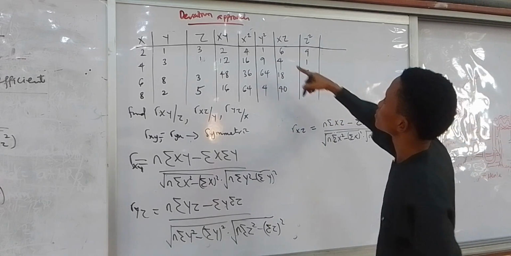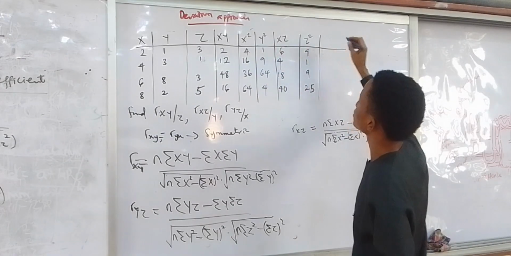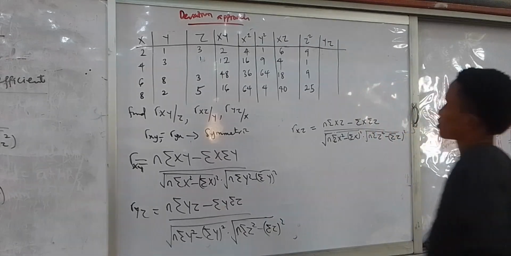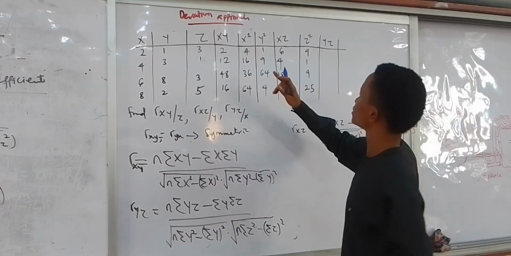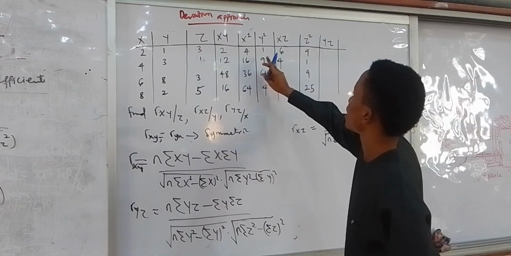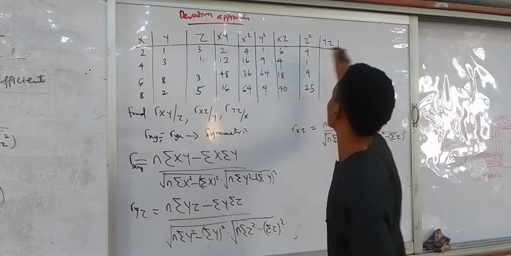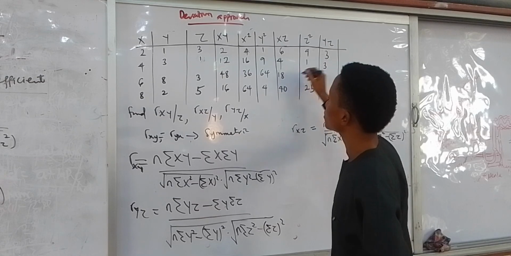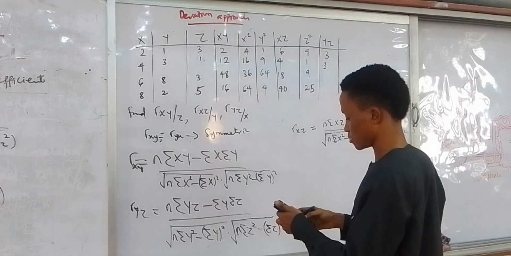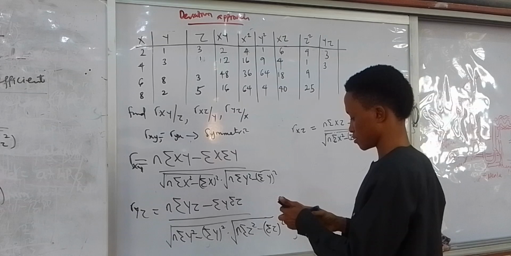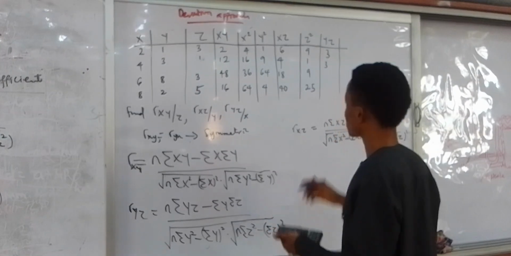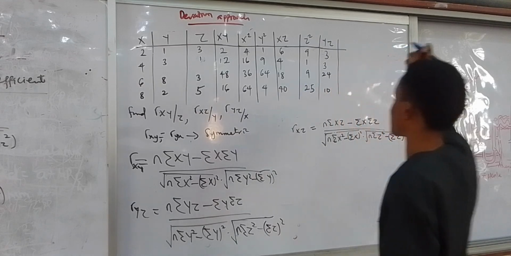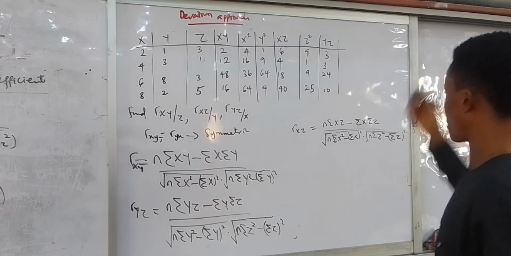Let's see what we are going to have for yz. That would be 3 multiplied by 1, that's 3, then 24, 10. I think that's all for the table that we'll be having.